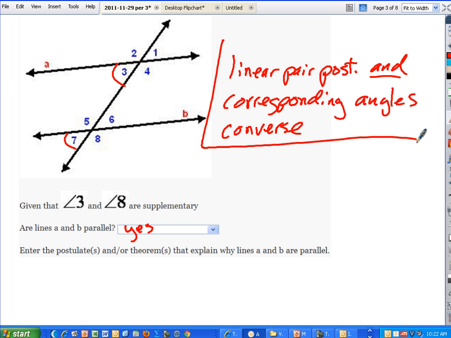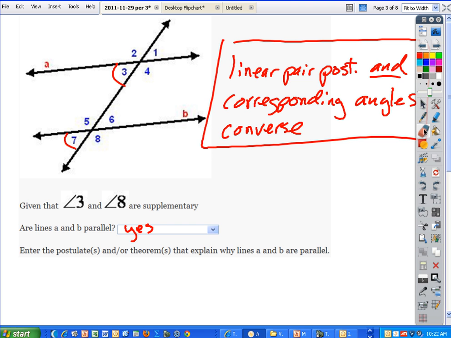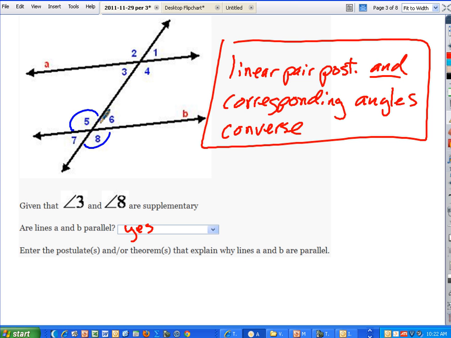So that's one approach we could take. What's another one? Okay, good. So I'm going to go back and erase this, and we'll try a different one. Yeah, we could do alternate interior, couldn't we? We could say 8 and 5 are congruent. Why? Because they're vertical angles.